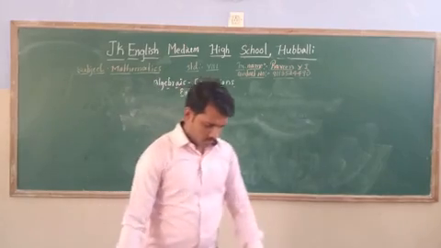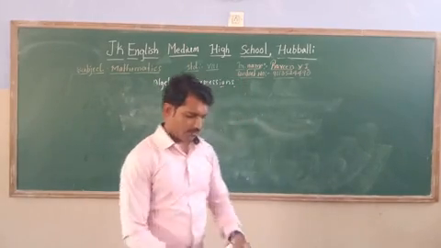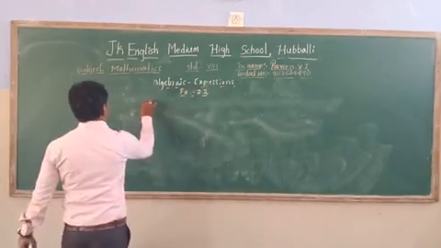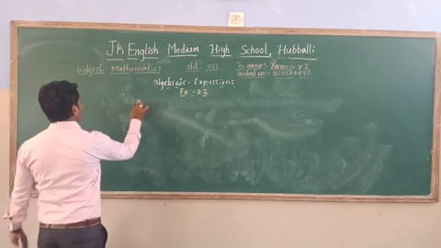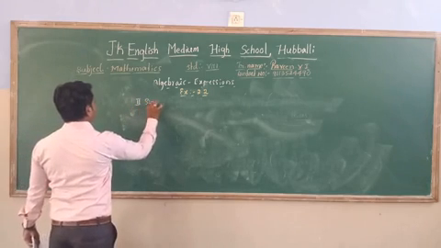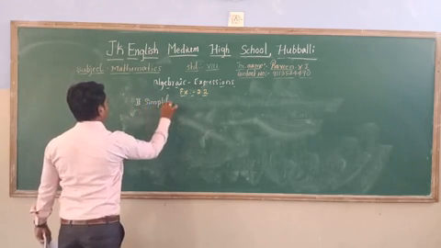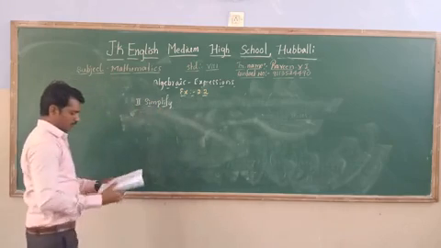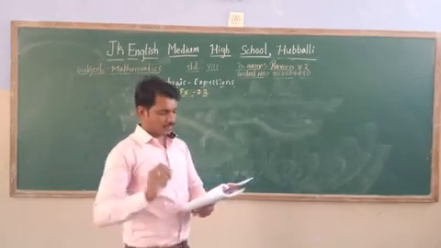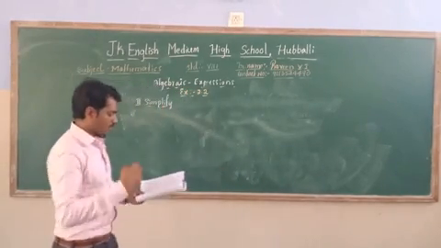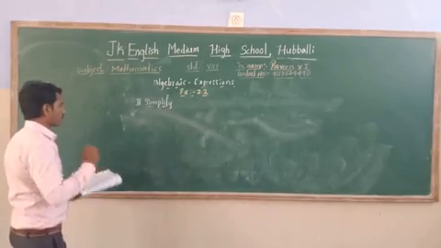Okay. Simplify that from the same exercise. Simplify: 7x minus 9y plus 3 minus 3x minus 5y plus 8.